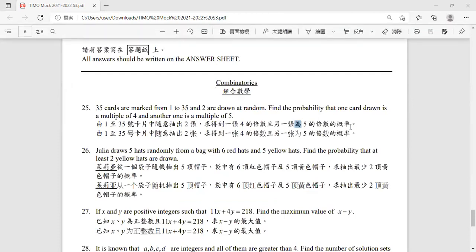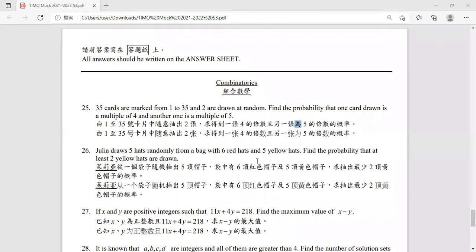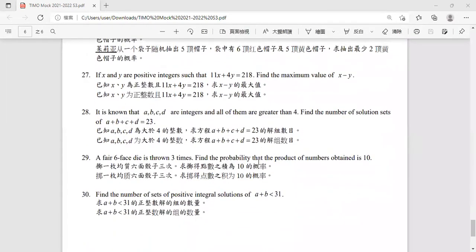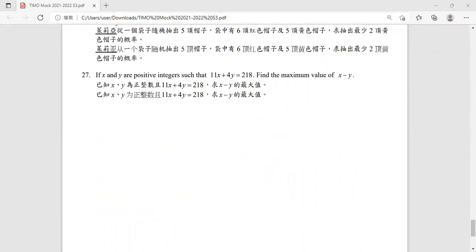Okay, I will repeat 25 after 27. Maximize x and minimize y.